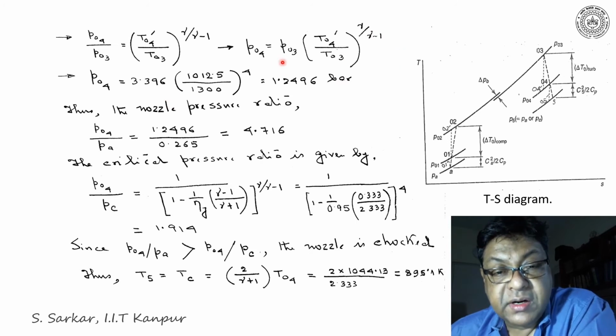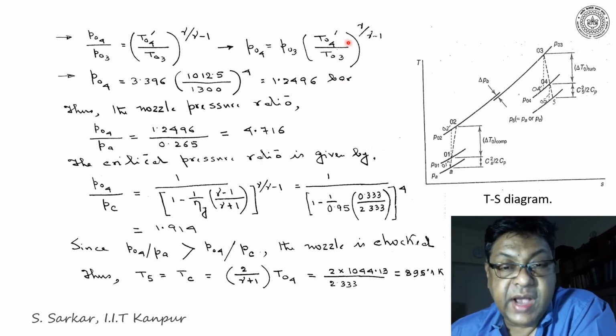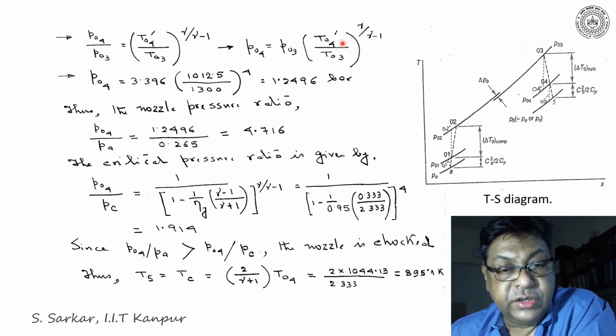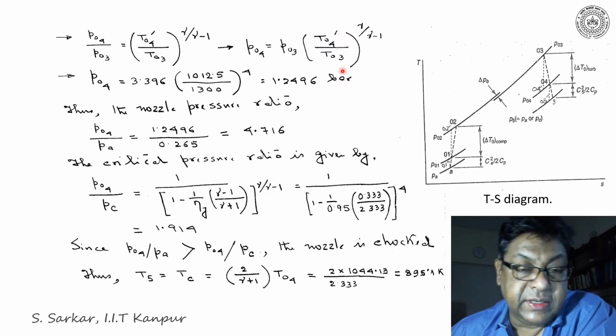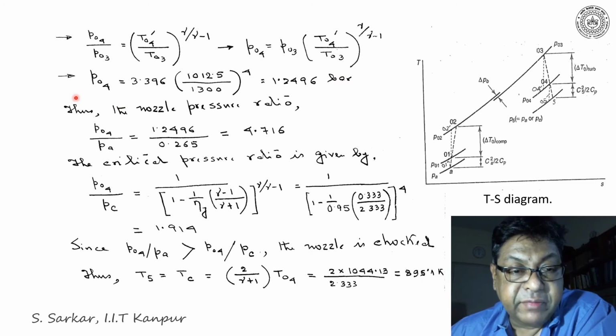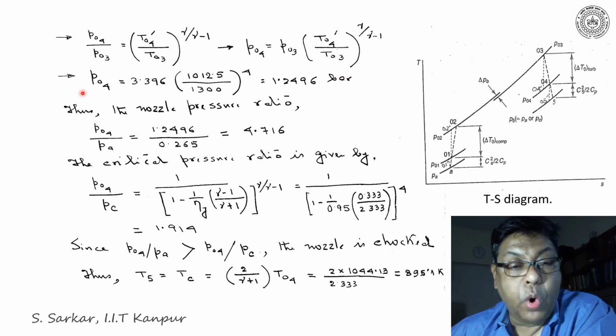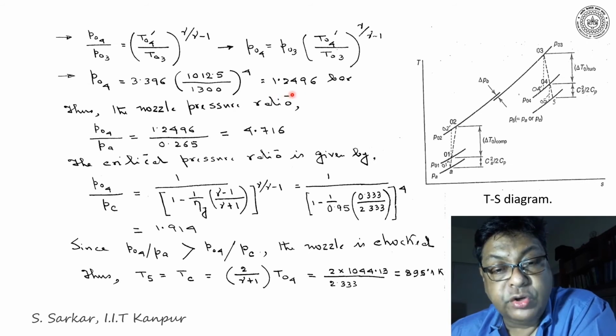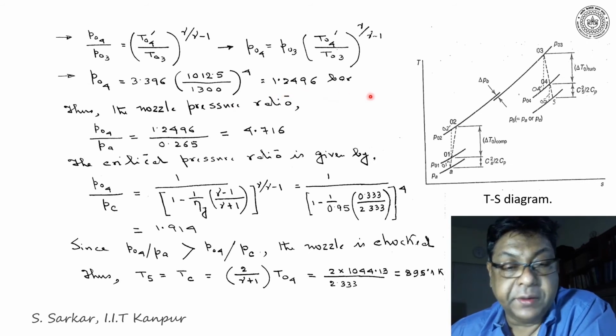Now here I know P03, I know both temperature T04 dash and T03. Thus I have evaluated P04. P04 is becoming 1.2496 bar.